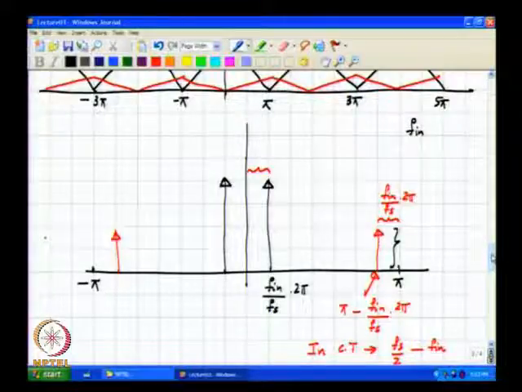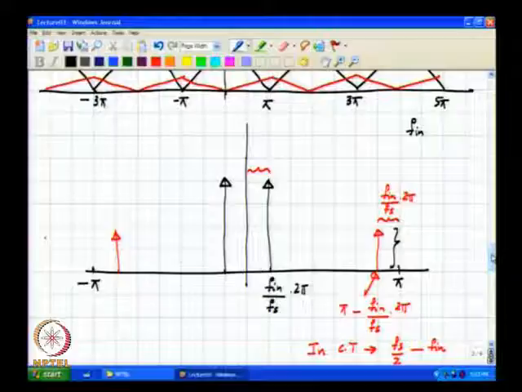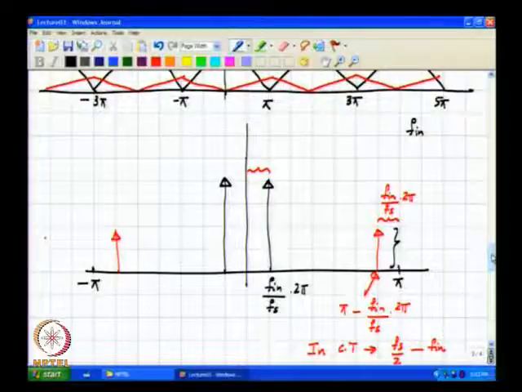The intuition is that you multiply the ideal sequence with a sequence which has got a constant value plus a tone at omega equal to pi, which is why you see other artifacts.